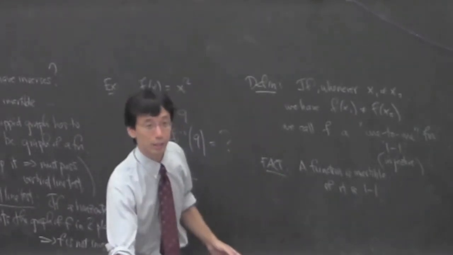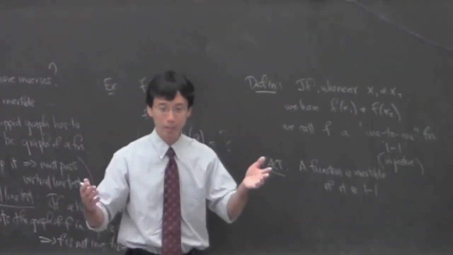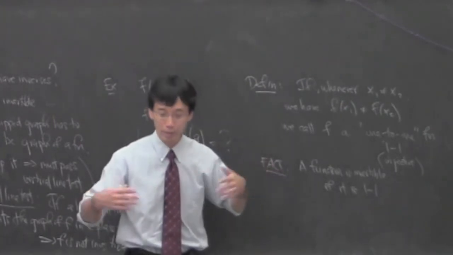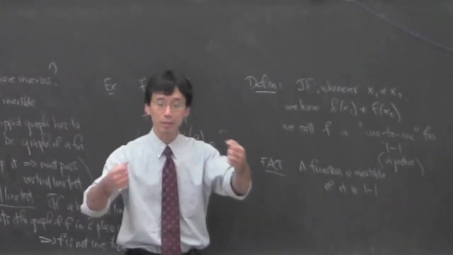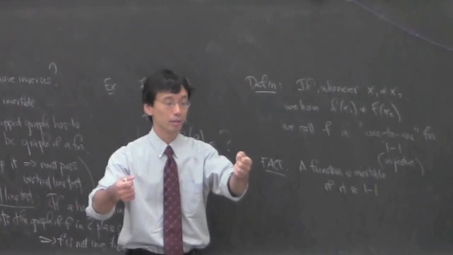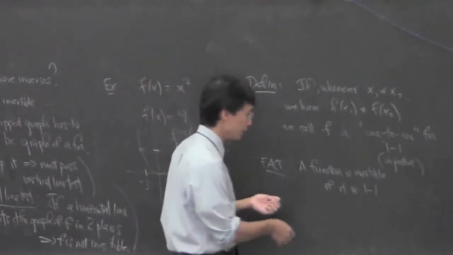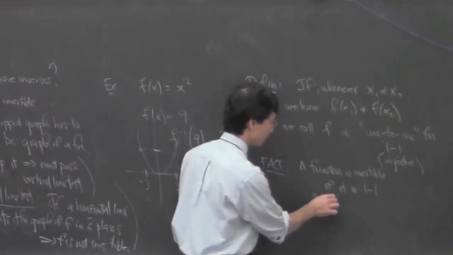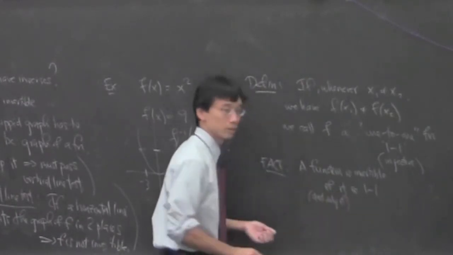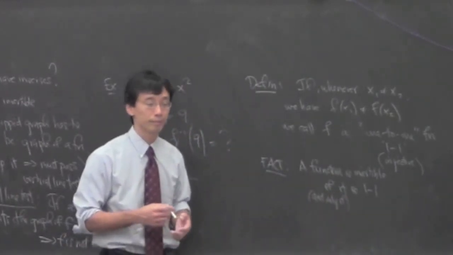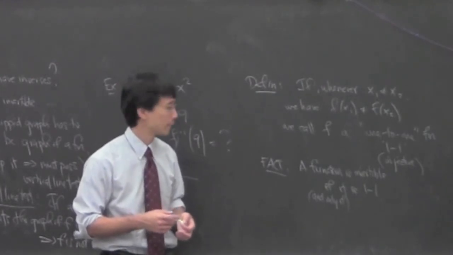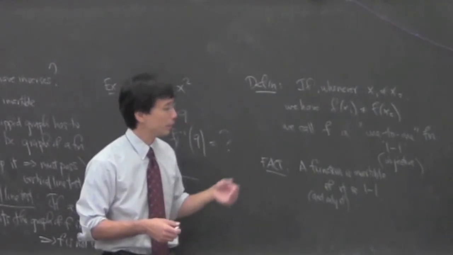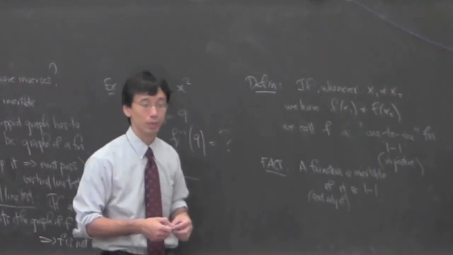Just like we said, if everybody got mapped to a different grade, then we can go from the grades back to the kids. And if and only if it's one-to-one. So if it's invertible, it's one-to-one. If it's one-to-one, it's invertible.